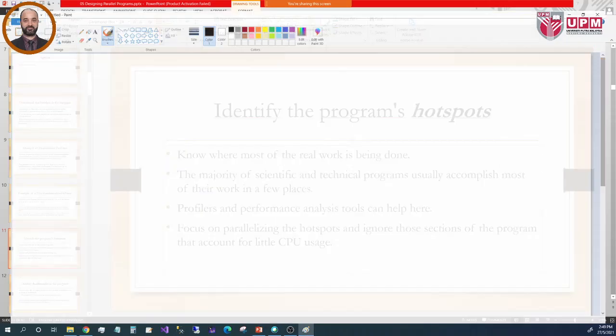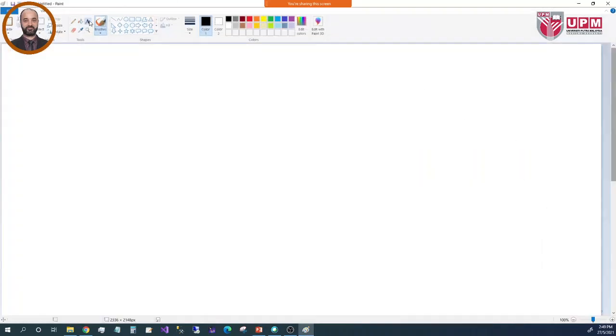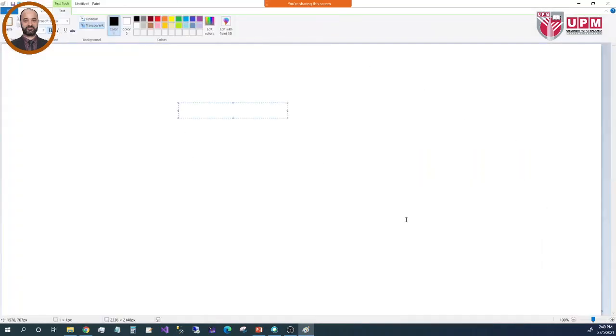Okay, maybe I need to draw this to let you realize. So for example, let's say we have function 1, which is the sum of a and b, okay?